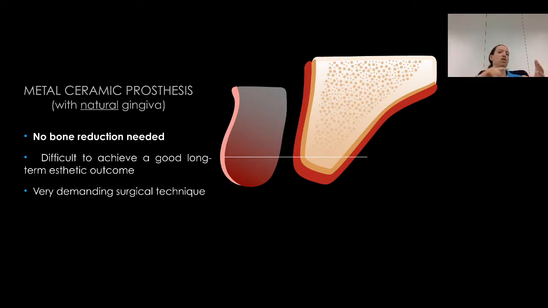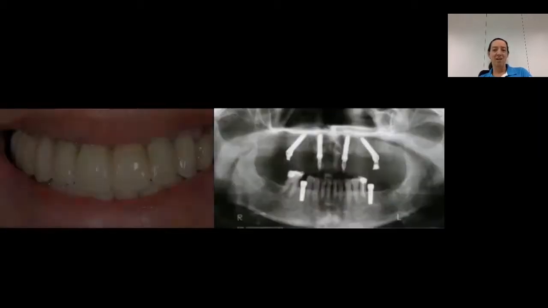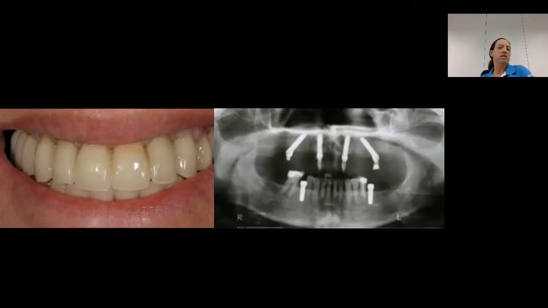So it's very hard to achieve good long papilla and for this papilla to last forever. So, because of that, and creating a protocol that works for everyone, of course we can go for a type of protocol where we decide to go for a prosthesis with acrylic gingiva. So, as you can see, this is possible. Of course it's possible.